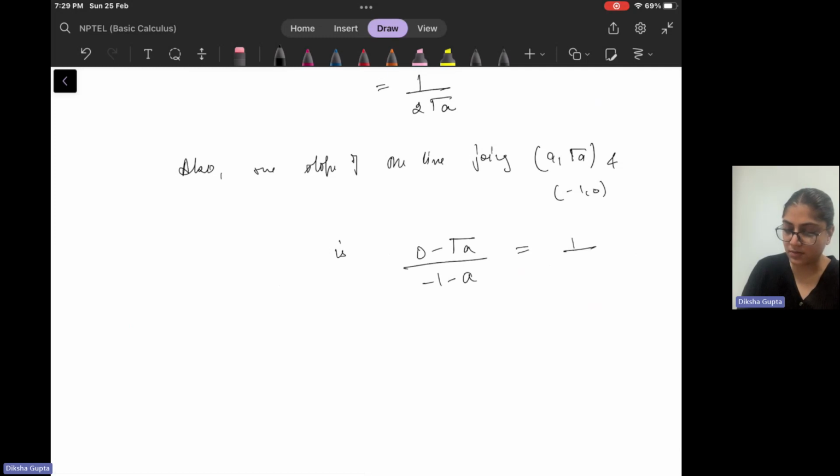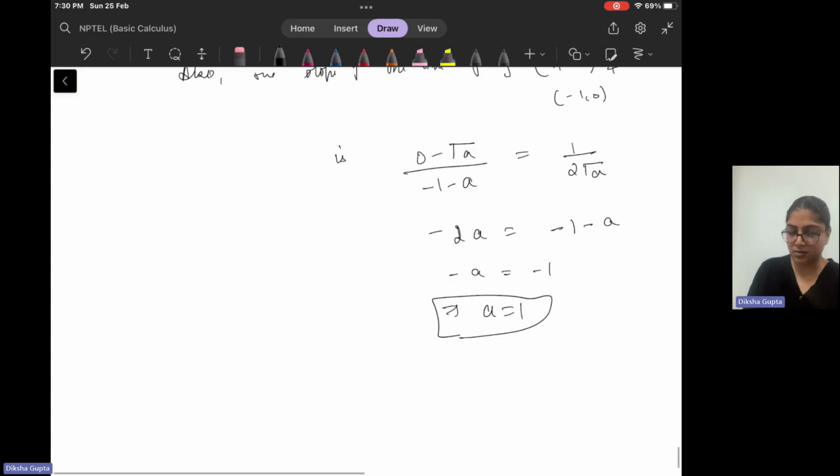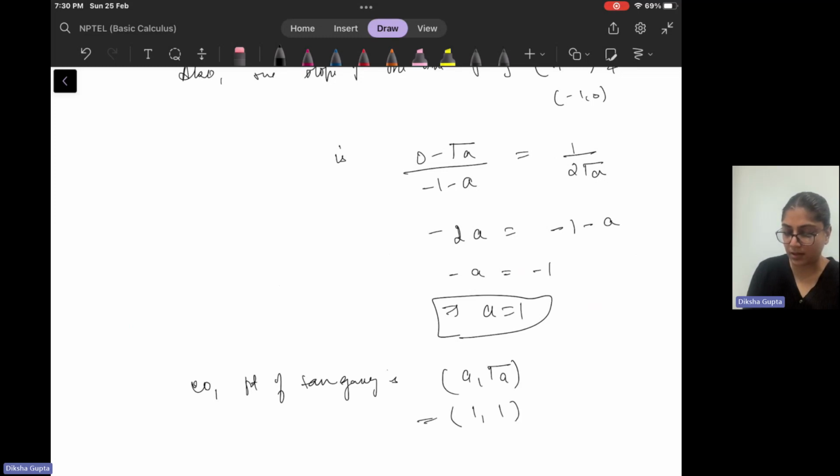So this has to be equal to 1 by 2 root a. So cross multiplying, we get 2a equals minus 1 minus a. So we get 3a equals minus... so a equals 1. So such an a exists. So the point of tangency is a comma root a equals 1 comma 1.